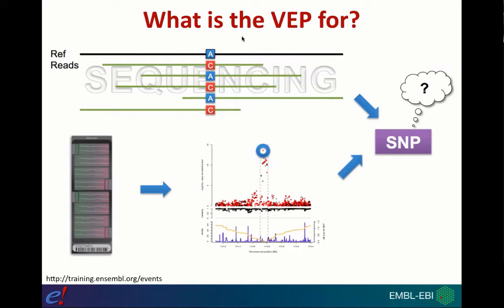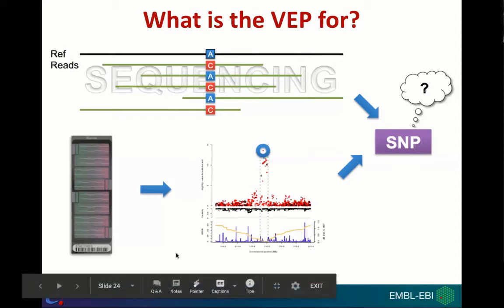Most commonly, you might have performed some sequencing yourself and then performed an alignment and variant calling process to identify the variants within your sample against a reference genome sequence, here that you can see in black, to identify a list of variants that you will have stored in a file. Or you might have performed a genotyping array, or even you might have searched through the literature and identified a list of variants that are of interest to you.